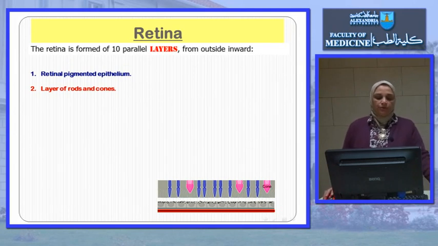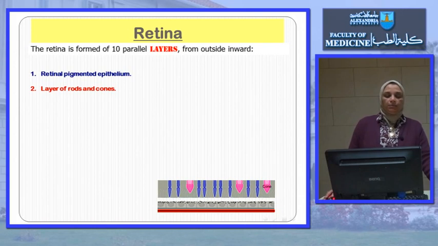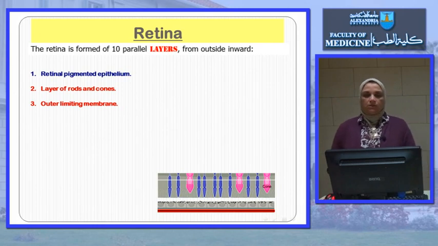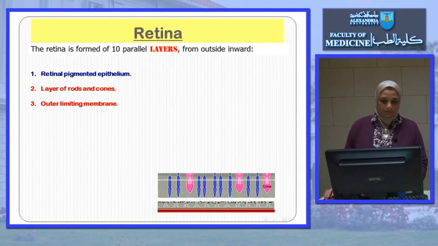We'll go to layer number 3, the outer limiting membrane. What's this outer limiting membrane? I said that the Muller cells, the supporting cells, extend from the outer limiting membrane to the inner limiting membrane. Why does this appear as a limiting membrane?